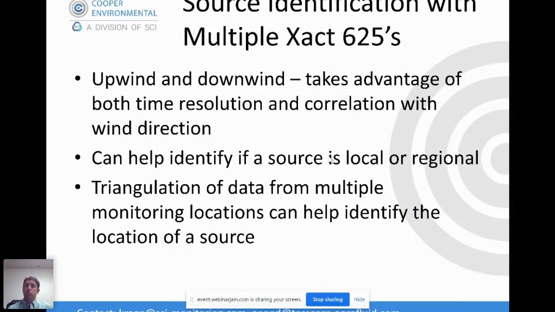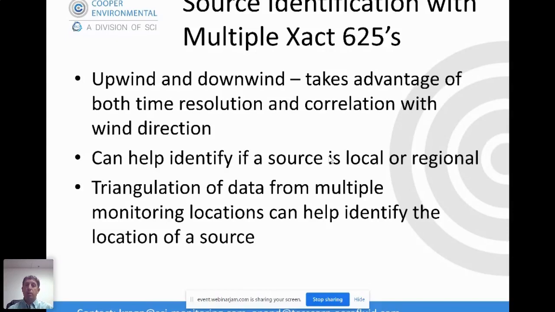It's also possible to do source identification with wind direction with multiple instruments. There are situations where you may be able to do upwind and downwind measurements that would take advantage of both time resolution and correlation with wind direction.